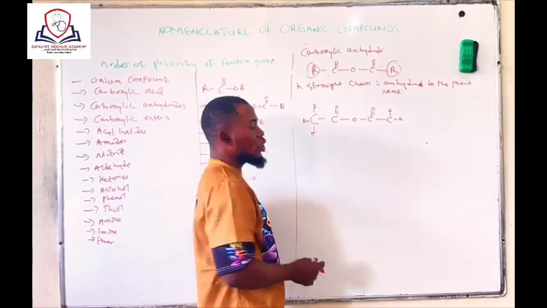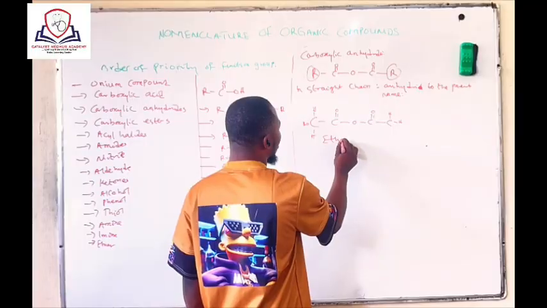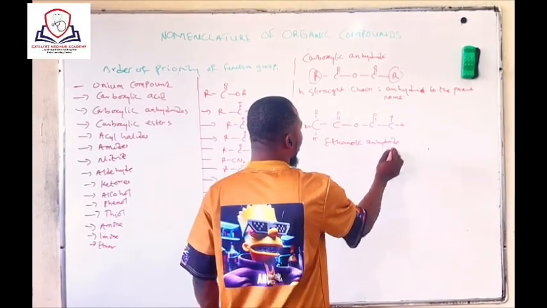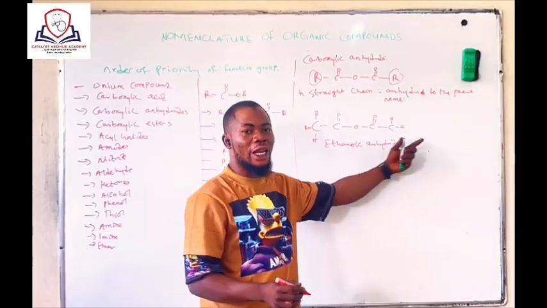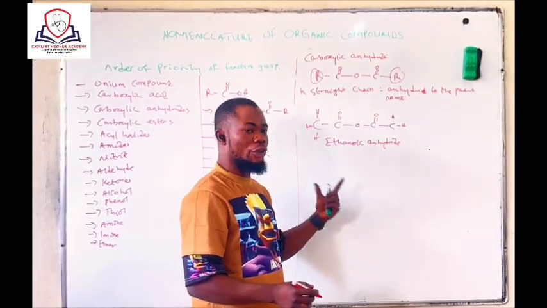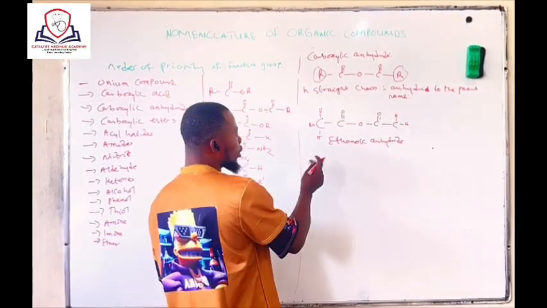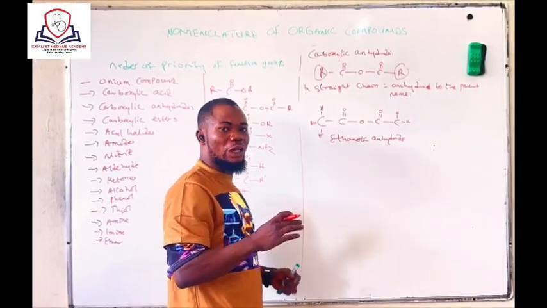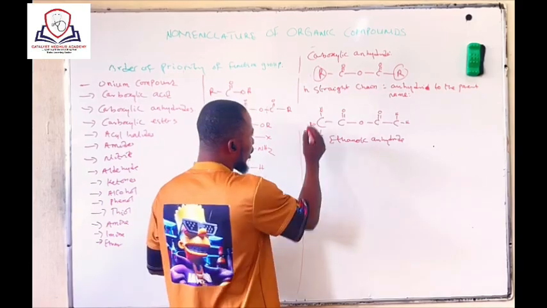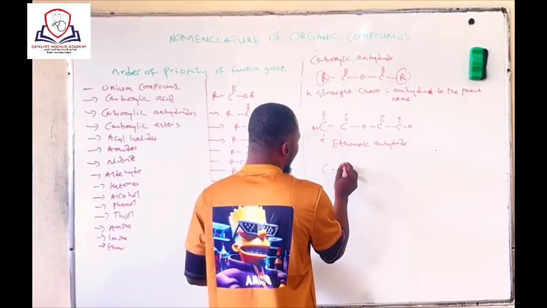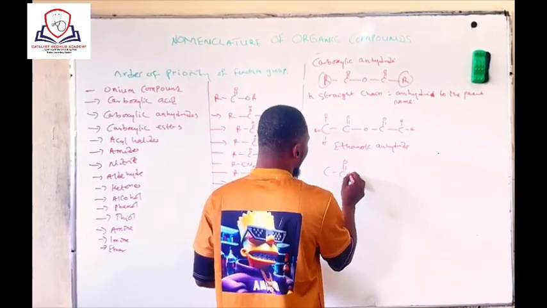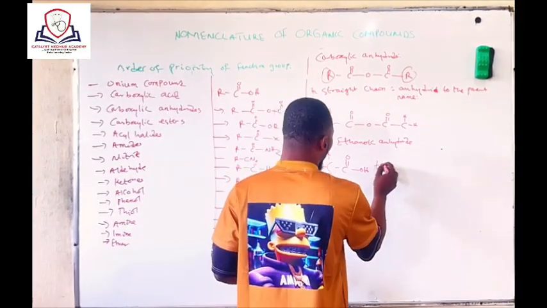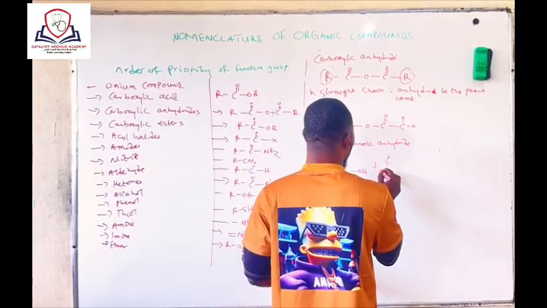Carbon number 2 is ethane, so this is ethanoic anhydride, since they are symmetric. This compound is formed by removal of water between two ethanoic acids. This ethanoic acid, then you plus another ethanoic acid.